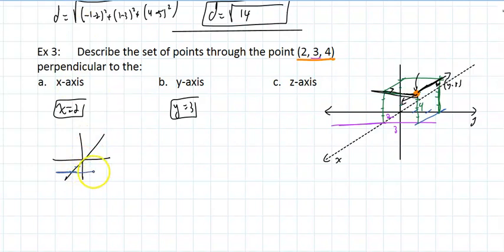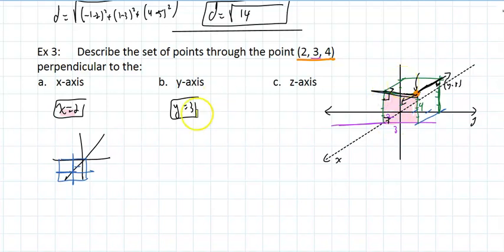X equal 2, there's no y and there's no z. That plane right there, I was going to hold on until much later to discuss this, but let's get it out of the way. X equal 2 is actually a plane that is perpendicular to the x-axis on all fronts.